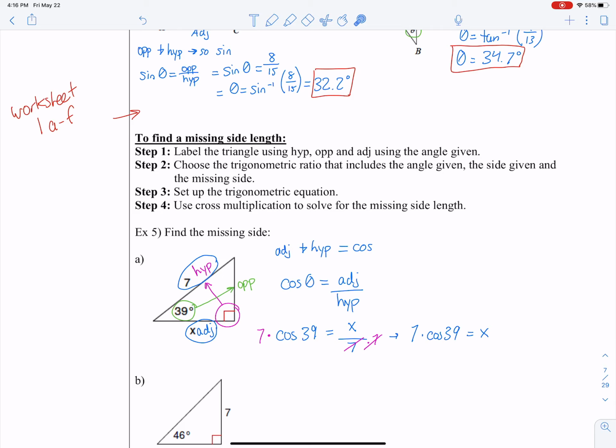Other calculators you need to say 39 first, then press the cos button and then press enter and then multiply the answer by 7. Okay, so depending on your calculator. So when I do that, I get an answer, and here my side x is equal to 5.44. So that's my final answer for my x side length.